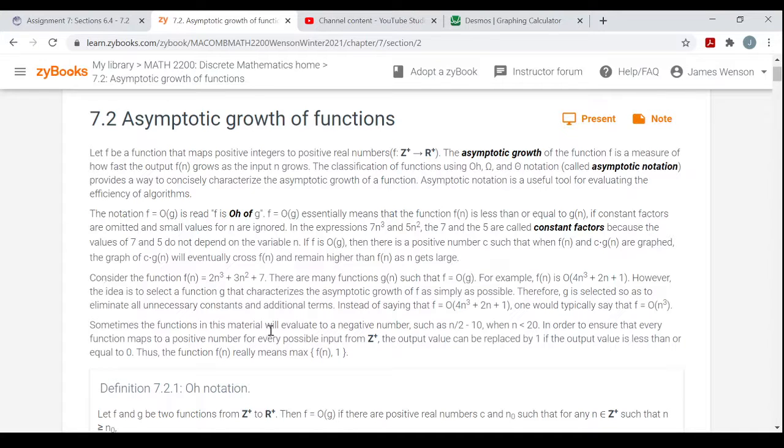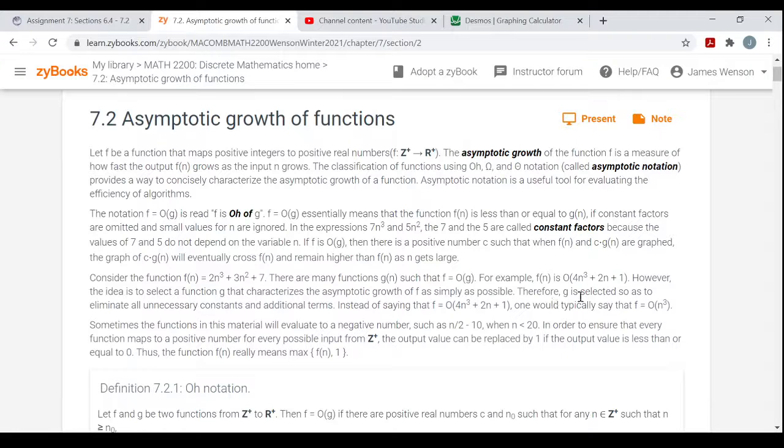I'm going to read all this stuff. This is pretty heavy. So consider the function f of n equals 2n cubed plus 3n squared plus 7. There are many functions g of n such that f is O of g. For example, f of n is O of 4n cubed plus 2n plus 1. However, the idea is to select the function g that characterizes the asymptotic growth of f as simply as possible.